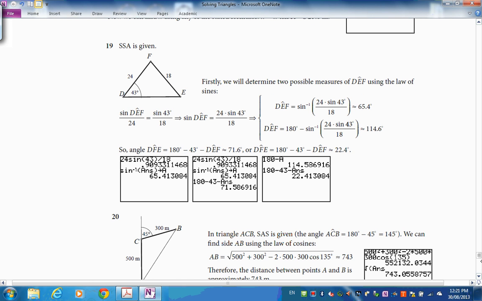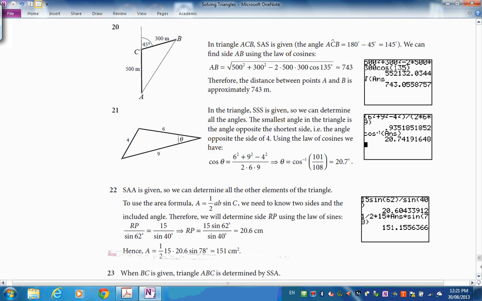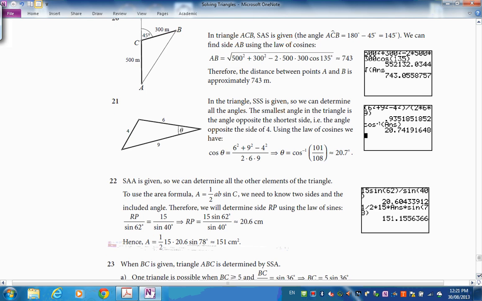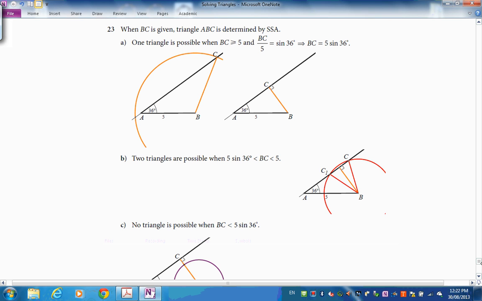19. 20, 21 and 22 all there. 23, most of 23.